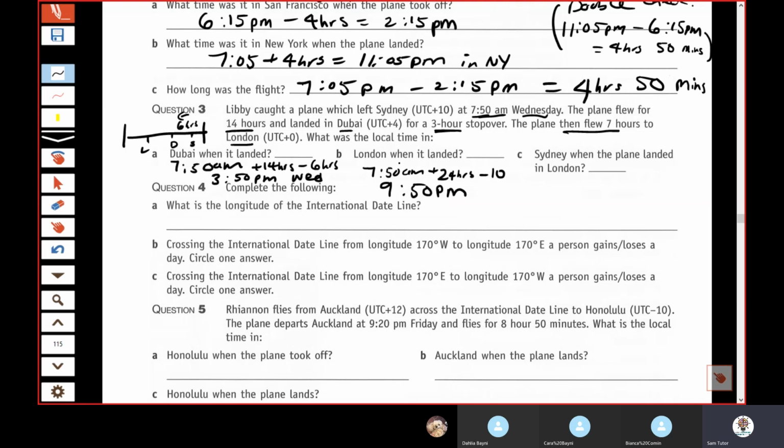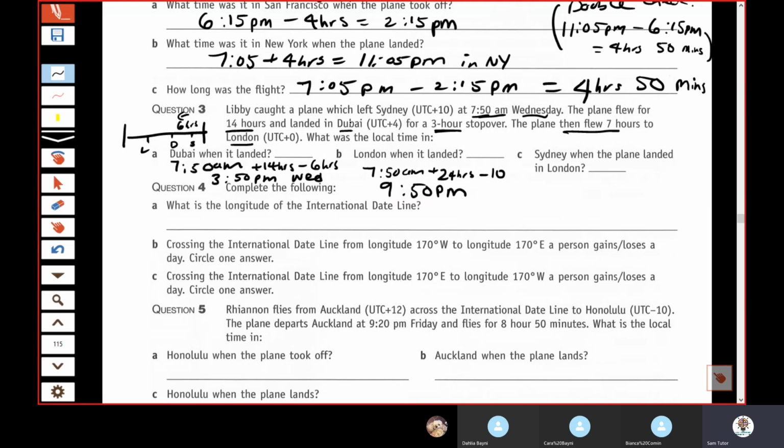Which makes sense. If you want me to show you a different way of thinking about this, if it's Dubai, just make sure. So Dubai, when it landed, Dubai is 3:50 p.m. Then you would add 3 hours, that gives you 6:50 p.m. in Dubai. Then you flew for 7 hours, but then you got to take away 4. So 6:50 plus 7 take away 4 is plus 3. 6:50 plus 3 will give you 9:50.